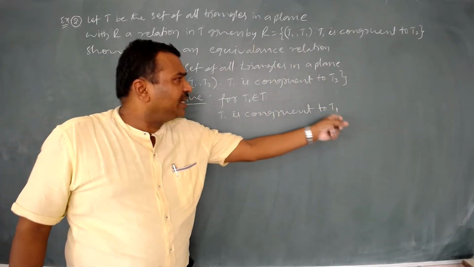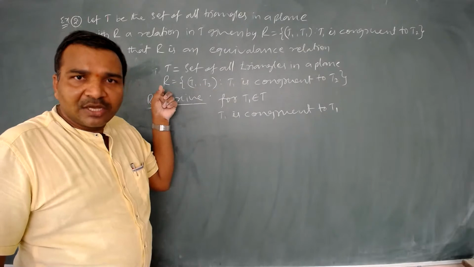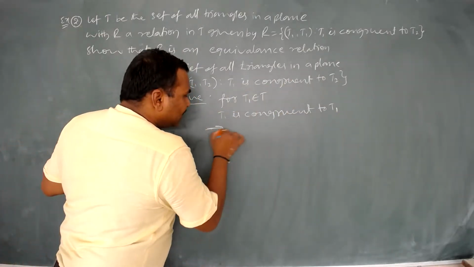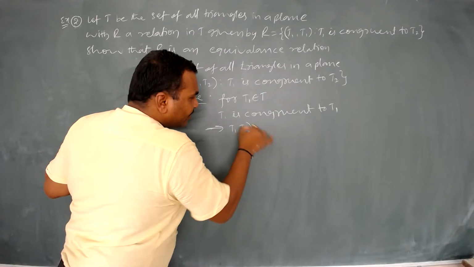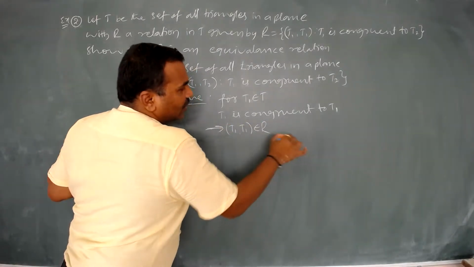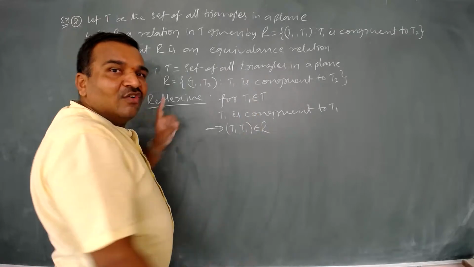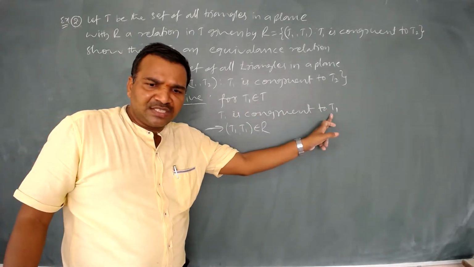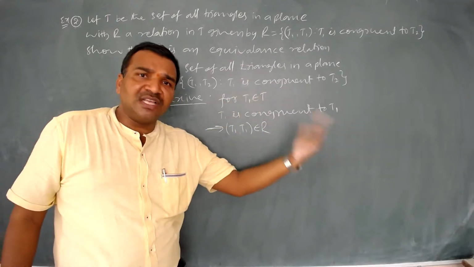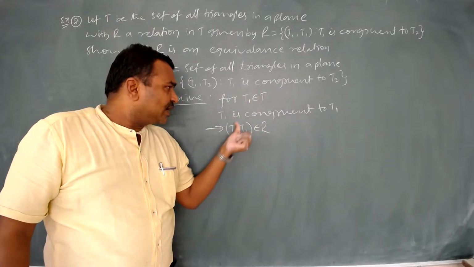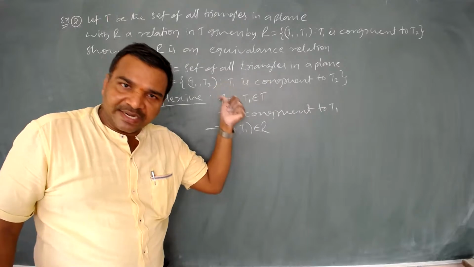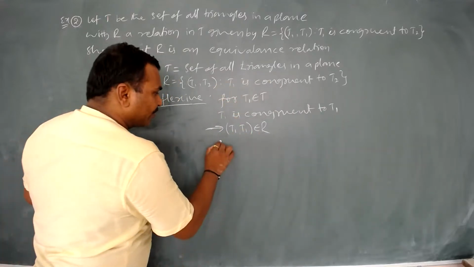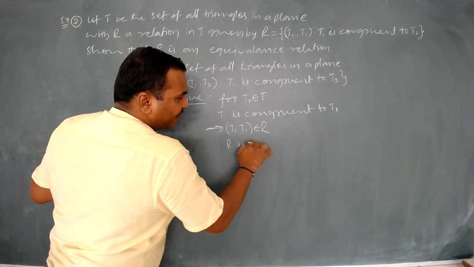If T1 is congruent to T2, then we can say T1 comma T2 belongs to R. T1 is congruent to T1 implies T1 comma T1 belongs to R, for all T1 belongs to T. Yes, it is possible. So T1 comma T1 satisfies the condition. Therefore, R is reflexive.